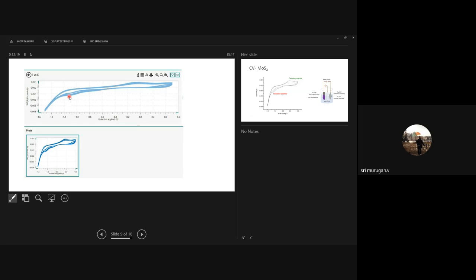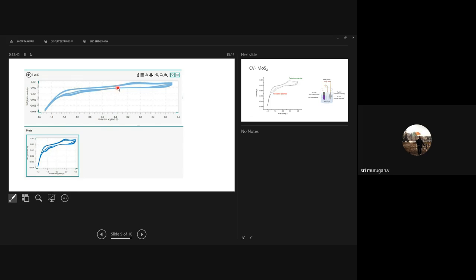Once we are done with the experiment, you can see that there is a slight change. This one is the first one, whereas the second and third ones are much more similar. In the first case, it tries to perturb the system, so there will be a fluctuation. After that we will get a more or less similar graph.